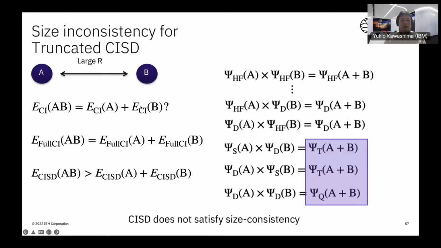So CISD is not size consistent, it's size inconsistent. So it's not consistent with this rule. This is the reason why CISD is not used that much practically, and rather a coupled cluster method, which I'm going to show you in the next slide, is widely used practically.